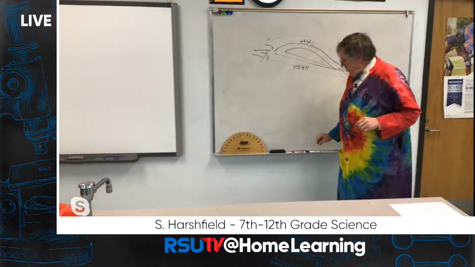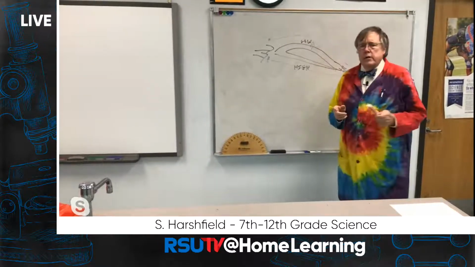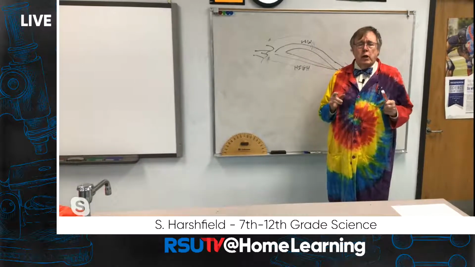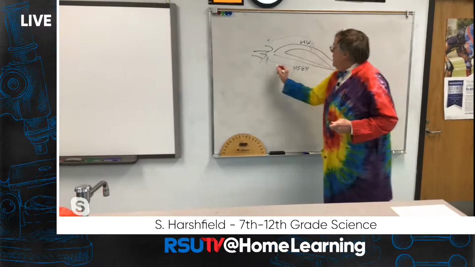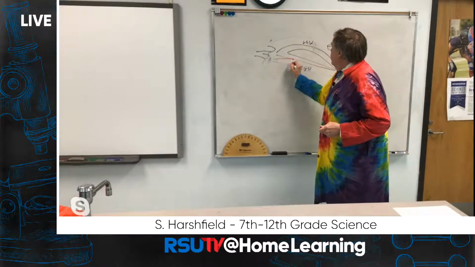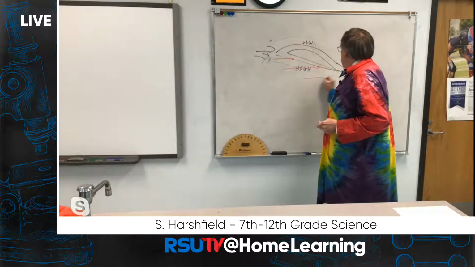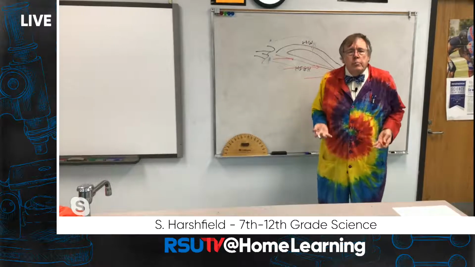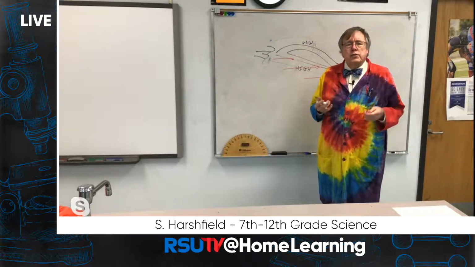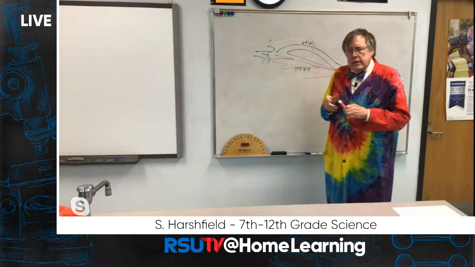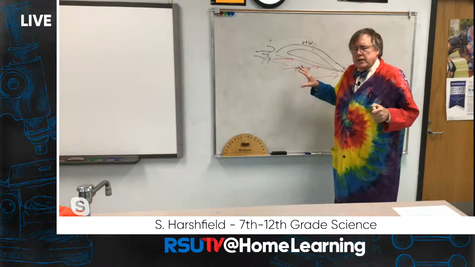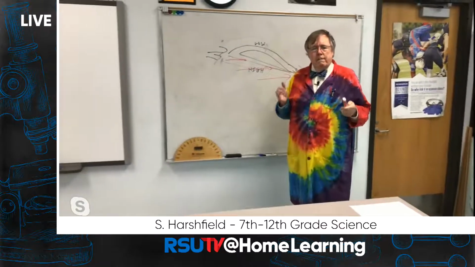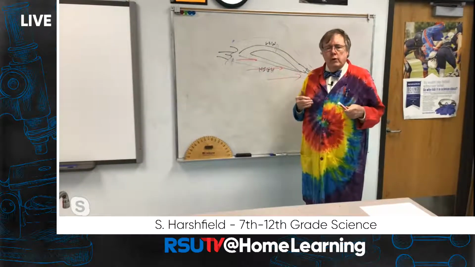But here's something else. Newton's third law of motion says that for every action there's an equal and opposite reaction. These particles here flowing under the wing are hitting the wing. That's the action. They're pushing the wing up. That's the reaction. And it's for that reason that these old-fashioned biplanes, planes that had two wings, did not fly very well.